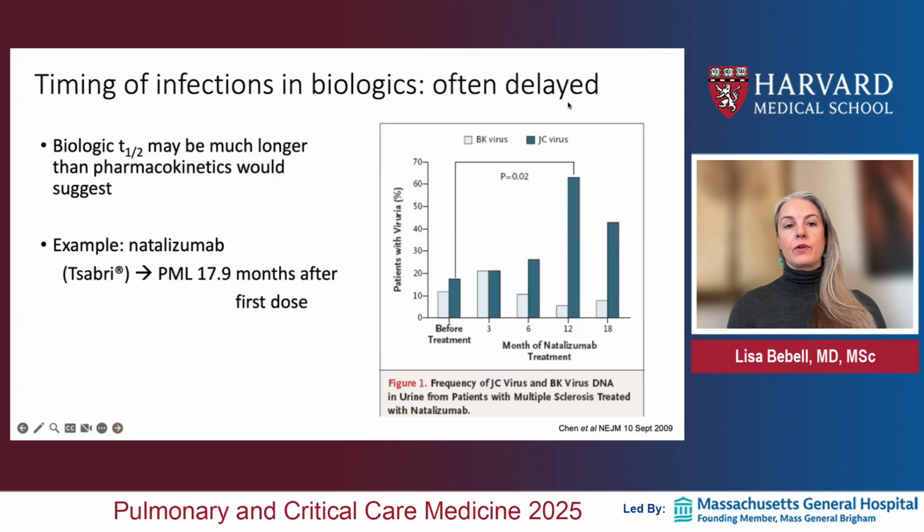Here's an example: natalizumab, also known as Tysabri, has been associated with PML at a median of 18 months after the first dose. So it's a very long time, and that's not what the pharmacokinetic half-life would suggest. You can see here how common it is that it comes up late, and I want you to keep in mind that those presentations can occur even in patients who haven't received the drug for many months.